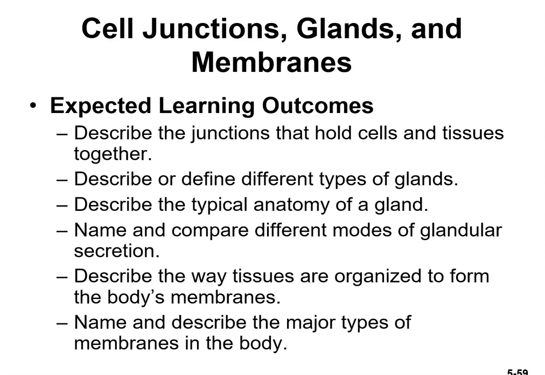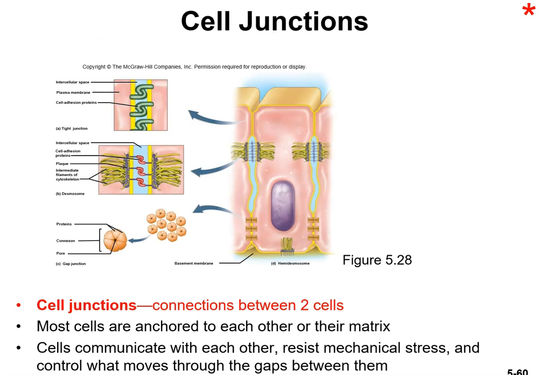Another concept we need to mention in this chapter is a basic introduction to cell junctions, glands, and membranes. We learned cell junctions before in basic biology courses. There are different types of cell junctions. Cell junctions are connections between two cells.